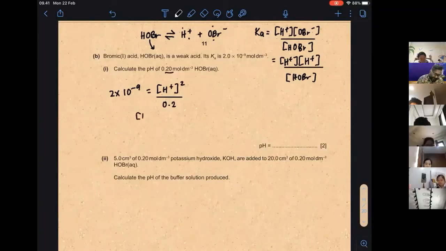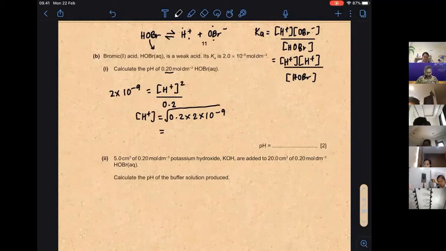So just find out what H plus is: 0.2 times 2 times 10 negative 9, square root, which is 2 times 10 negative 5.